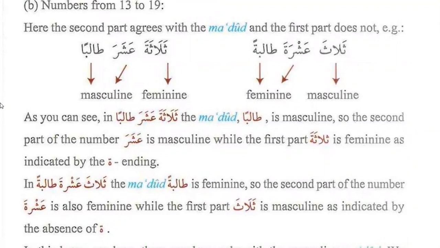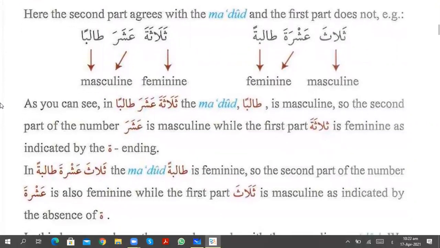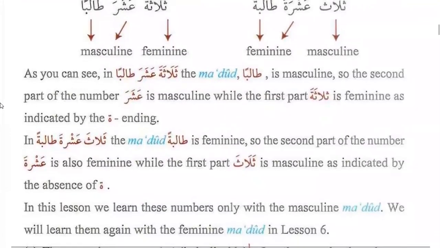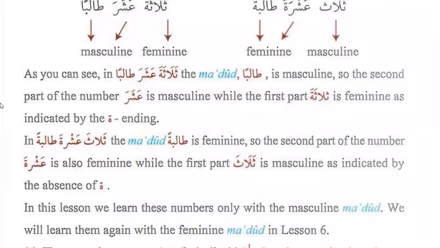In ashrata talibatan, the ma'dud talibatan is feminine, so the second part of the number, ashrata, is also feminine, while the first part, the letter, is masculine, as indicated by the absence of Dhammabuddha.